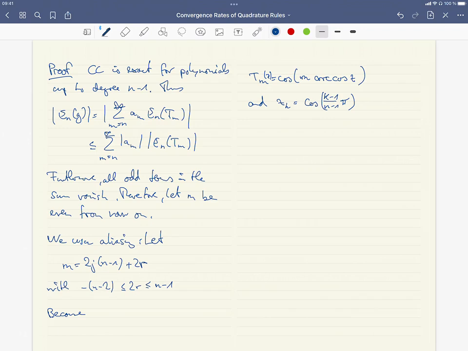Well, we have the following property. T_m of z_k is the same as T_2r of z_k. So why is that the case?